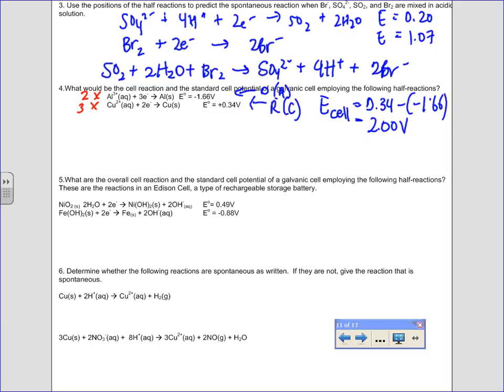So when you multiply them and then recombine them, okay, you're left with 3 copper 2 plus 2 aluminum goes to 2 aluminum 3 plus 3 copper. And as is the same as before, if we look at this reaction, both the atoms and the charges are balanced in this overall reaction.